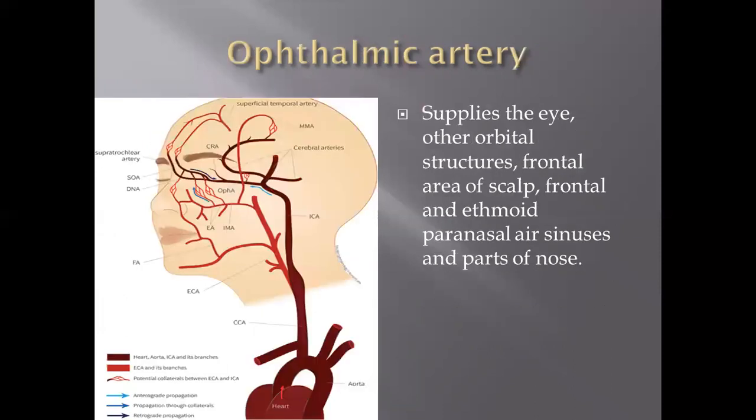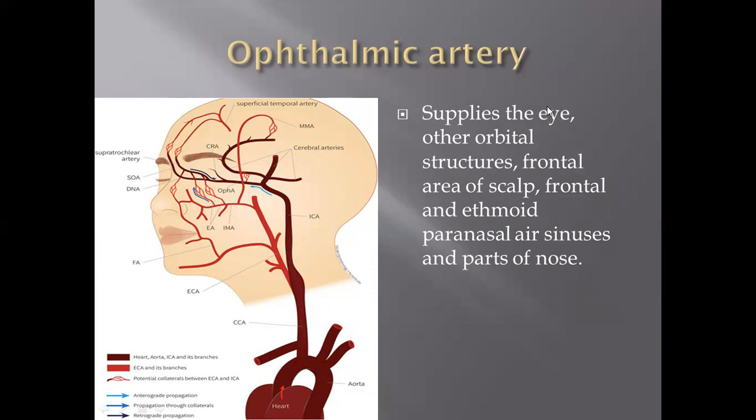Right. Then there's going to be the ophthalmic artery, also coming from the internal carotid. This is one of the branches that are given off immediately after your internal carotid artery enters the subarachnoid space. Right. The ophthalmic artery, if you remember your head and neck, it was going to pass through the optic foramen together with the optic nerve.